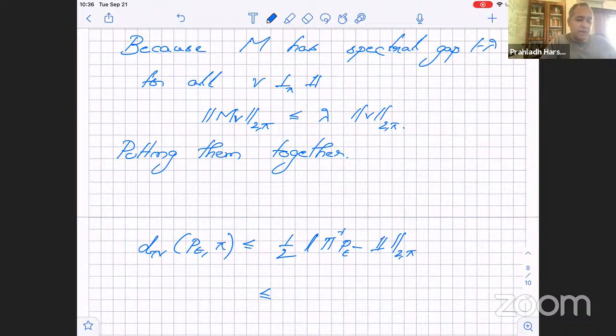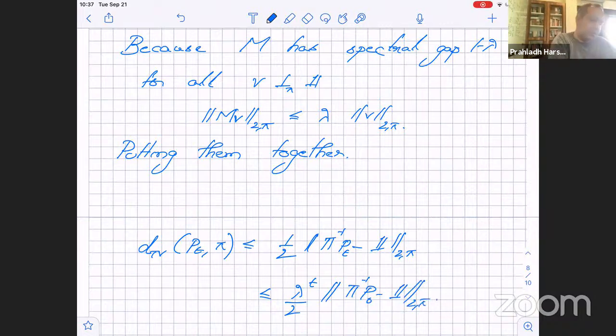So in other words, it's lambda to the t, over 2, times the 2 π-norm of π⁻¹p_0 minus 1.